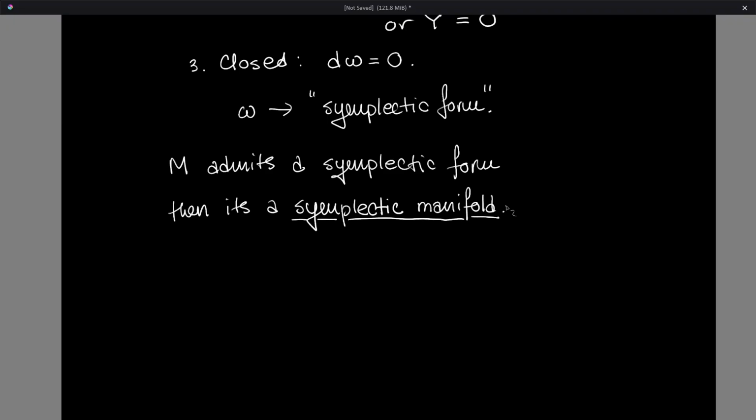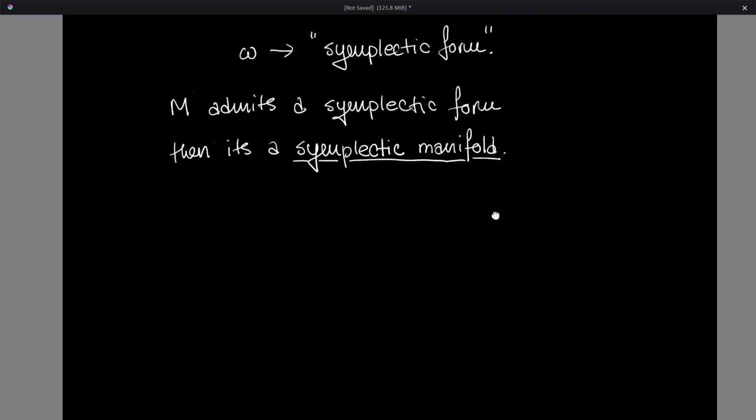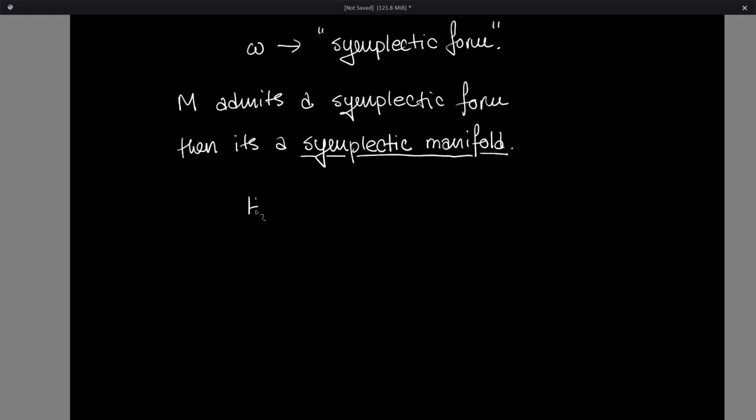Now, one interesting thing that you might note is that for a Hermitian manifold, we already had the Kähler form, omega(X,Y). We even named it the same thing.